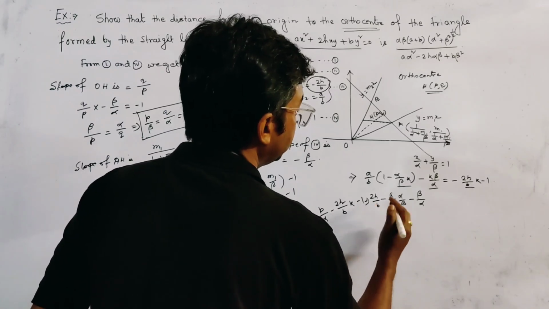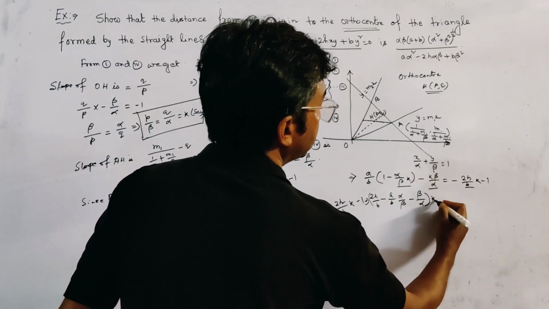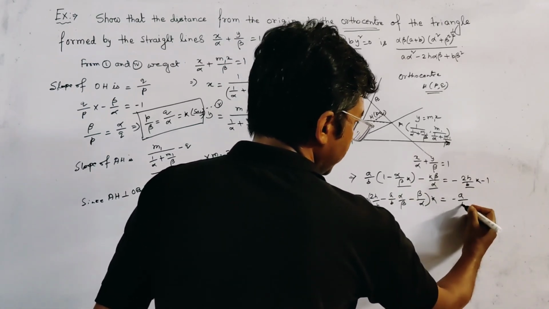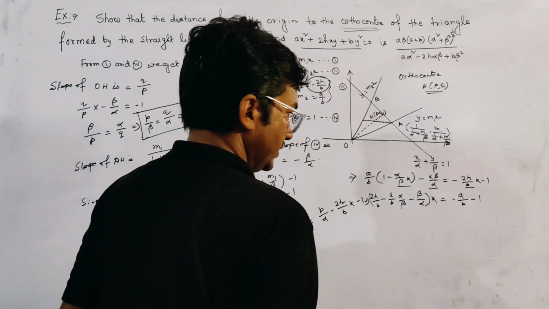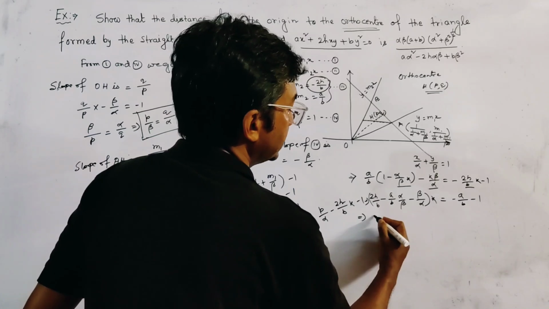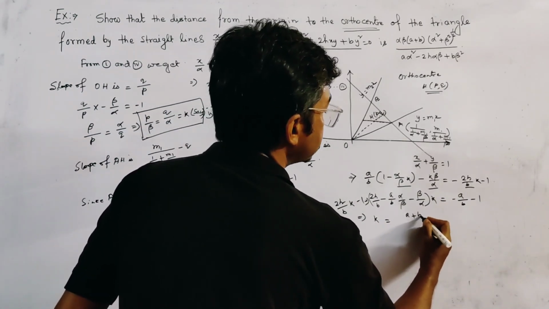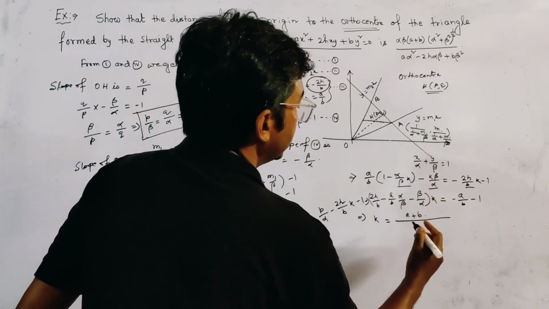Okay, 2h by b, and we take common k, and in the right side there will be minus a by b minus 1.